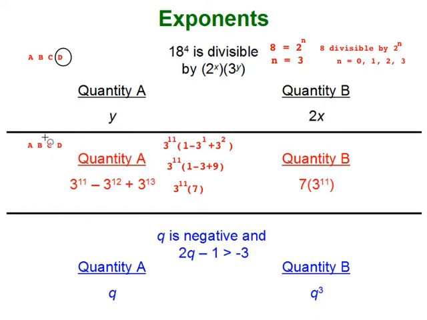As far as guessing strategies go, this is not a very concrete example of a guessing strategy, but the fact of the matter is there will be problems on the test where we have to take a wild guess in all likelihood. On a problem where the numbers look so incredibly different, there's no 7 anywhere in quantity A or column A. Column B and column A look so different that we might think, you know what?